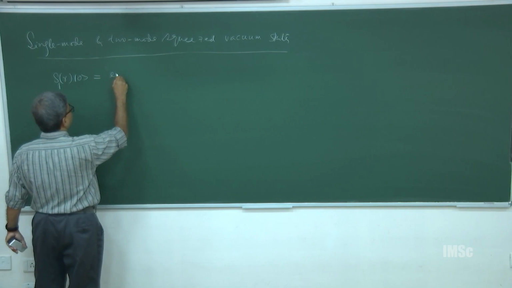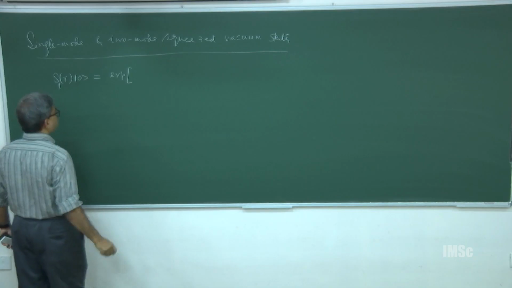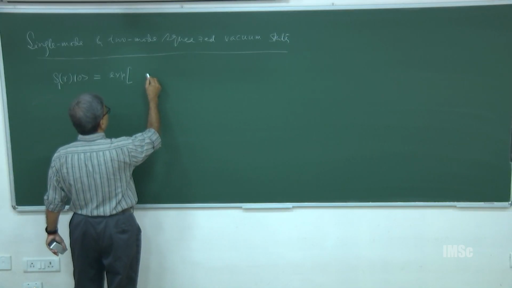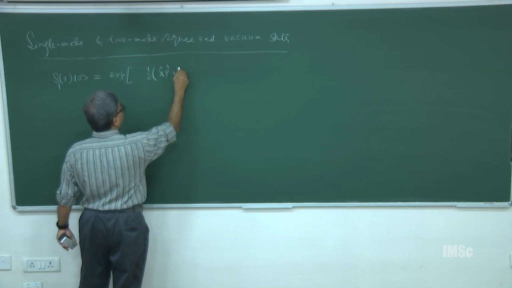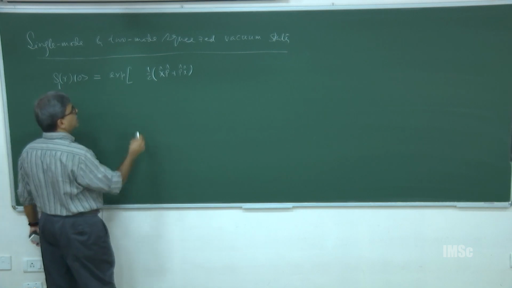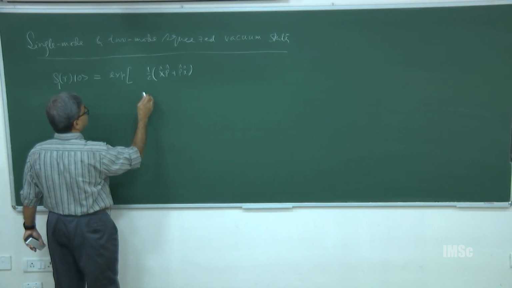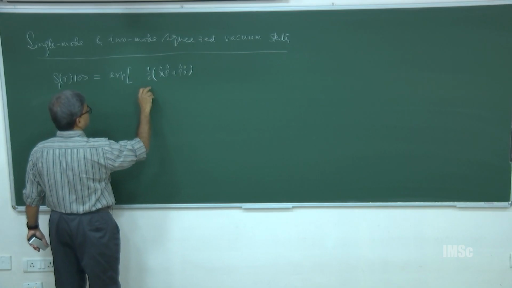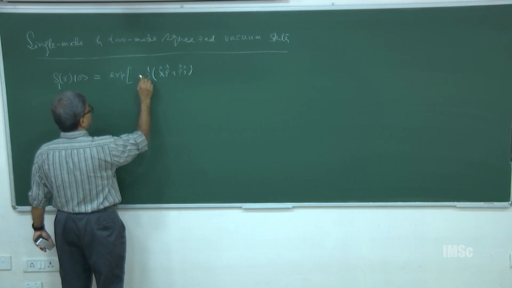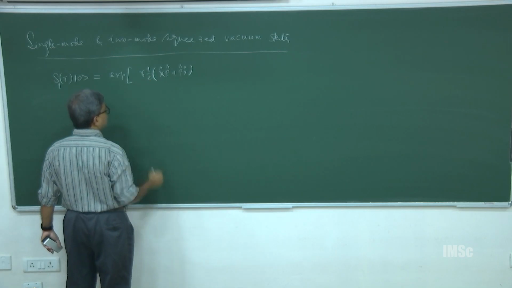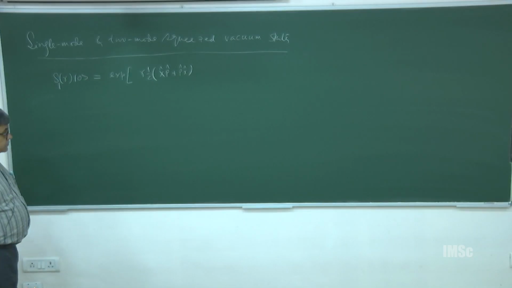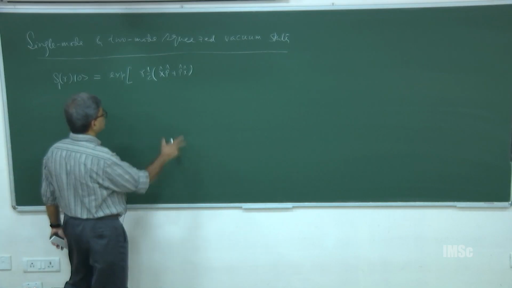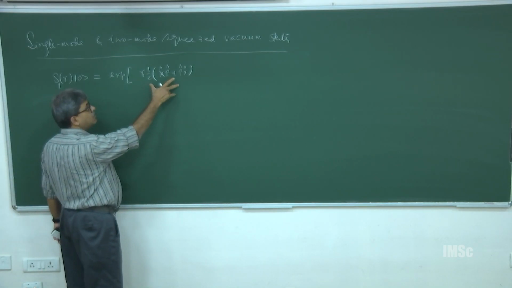What is this? This is exponential of, so the Hamiltonian is half xp plus px, and then I'll have to multiply by the amount of squeezing, which is R. This is my Hamiltonian for the squeezing.